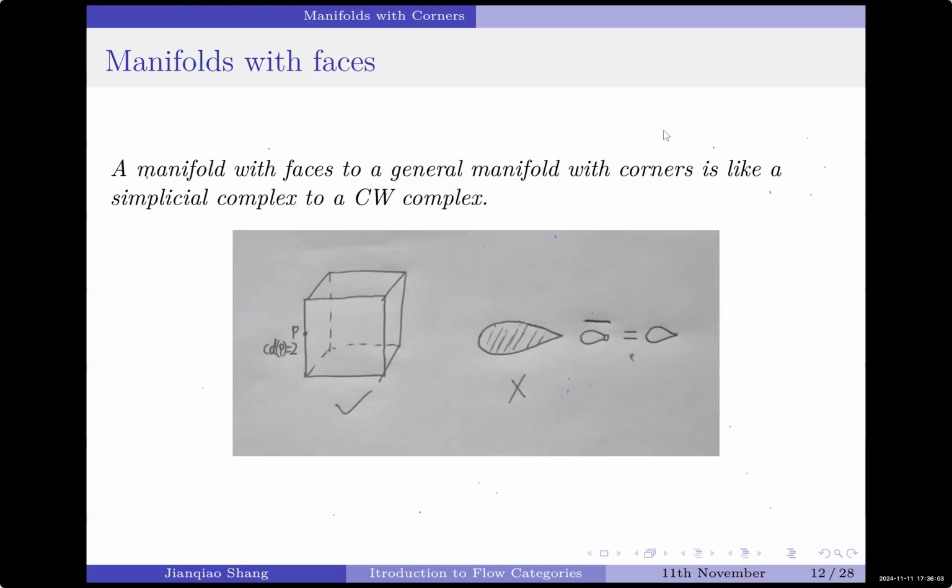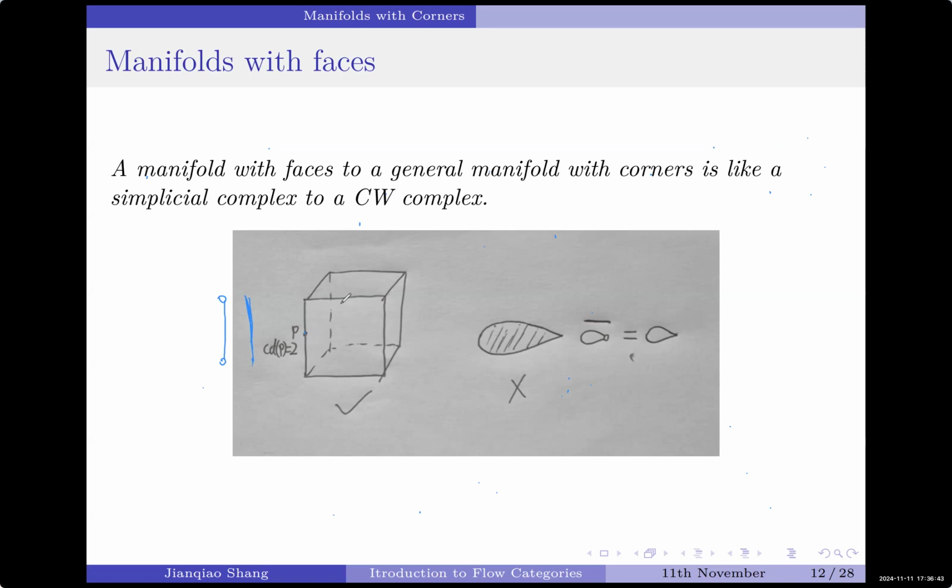Anyway, let's see a picture again. In this solid cube, a point on its edge is a point of codimension 2, and the closure of the component of this codimension 2 submanifold is a segment. It's a manifold with corners.